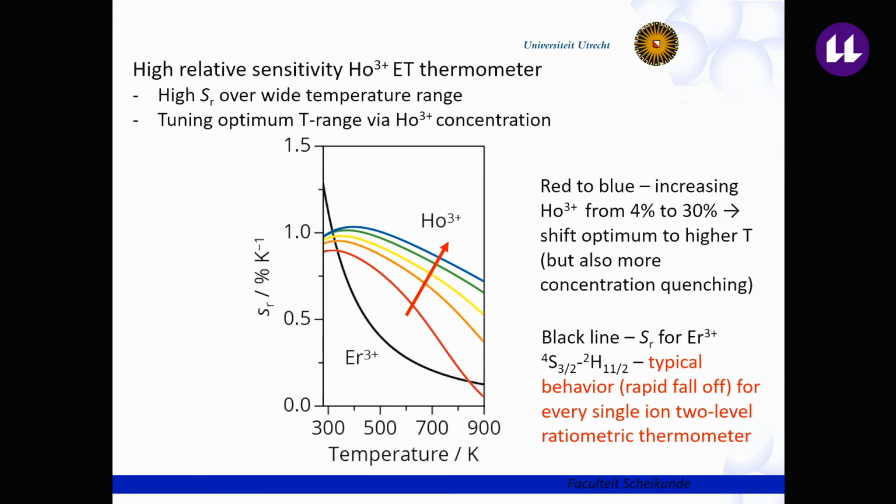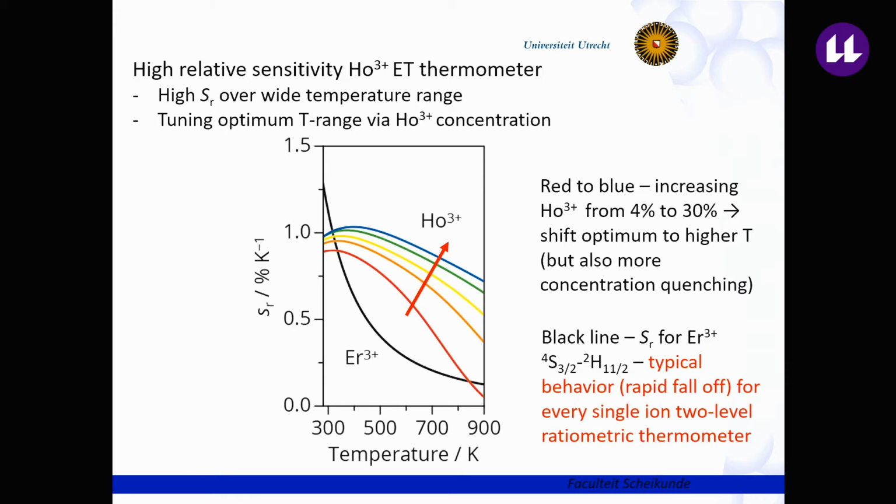What's also nice is now we can calculate, as a function of temperature, what is the relative sensitivity. And you see that this whole energy transfer thermometer has a much wider range where you have a pretty good 1% per Kelvin relative sensitivity. And any Boltzmann thermometer, when you go to high temperatures, when you get more equilibration between the two levels, this relative sensitivity always falls off like this.